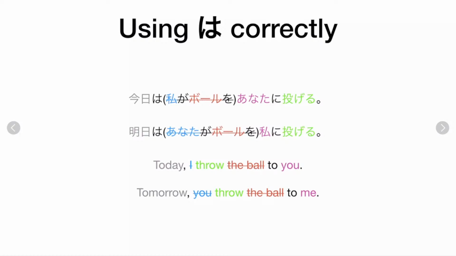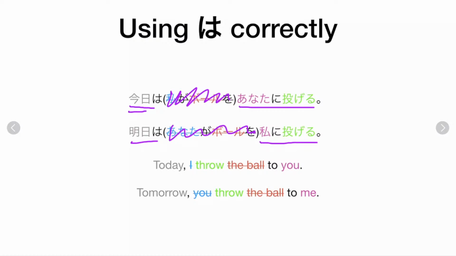Now, when you use the topic marker wa, you can remove information that is understood to be there, like the zero pronoun. So when you say, kyo wa anata ni nageru, ashita wa watashi ni nageru, right? And you leave out this stuff, you're just highlighting the information that is most important to you.